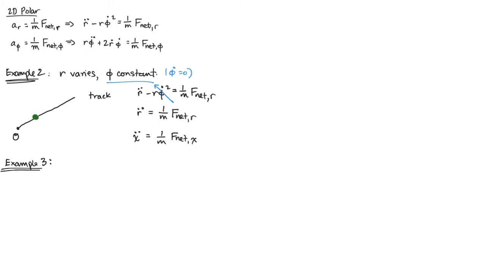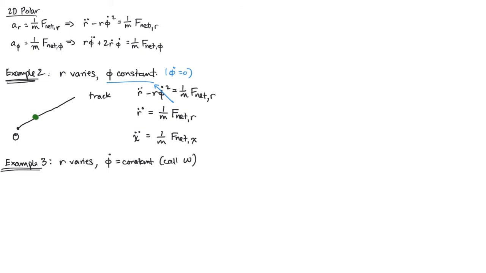All right, this time we're going to let r vary, and we're going to let phi dot be constant. And we can call phi dot omega.